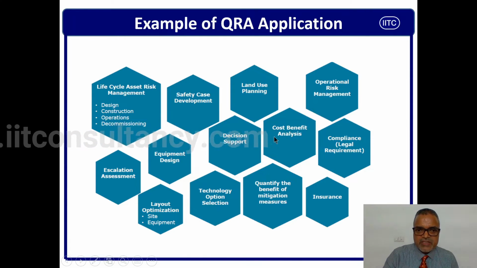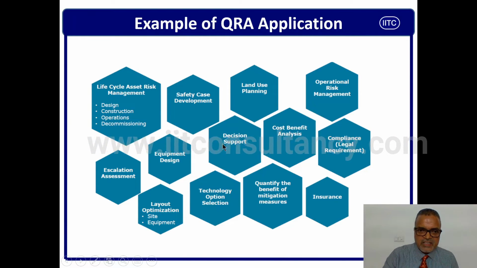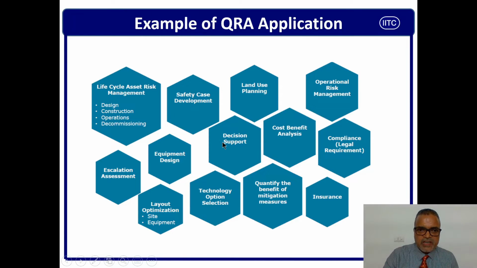The risk reduction measures are to be done when the risk reduction is achieved with less investment. Decision support. In many cases, the decision to start construction in a brownfield, to install new equipment in the field, to decommission, or to shut down, we need a QRA report to support the decision.